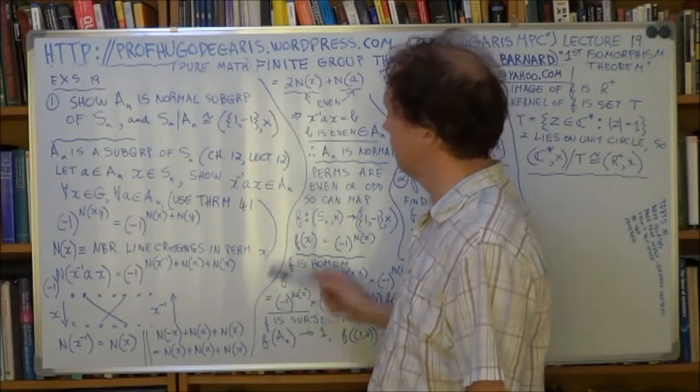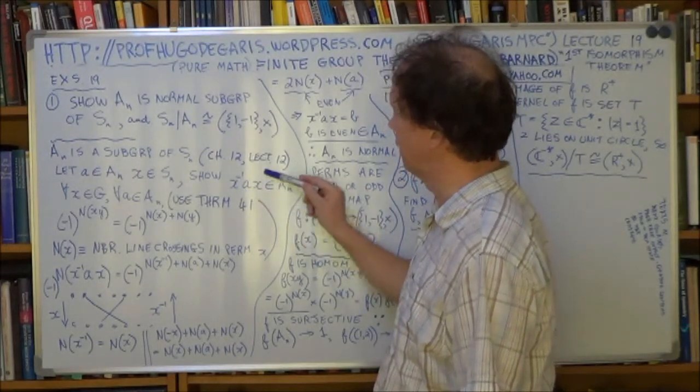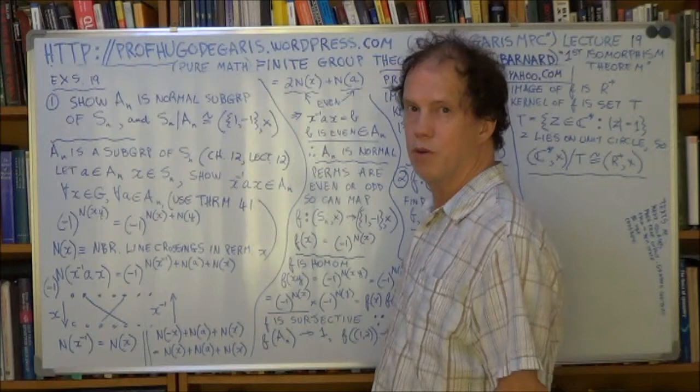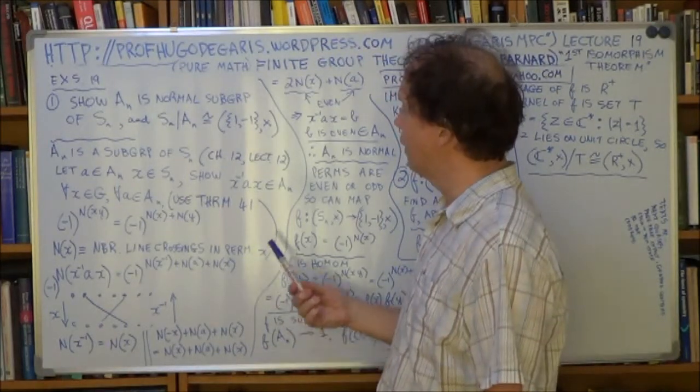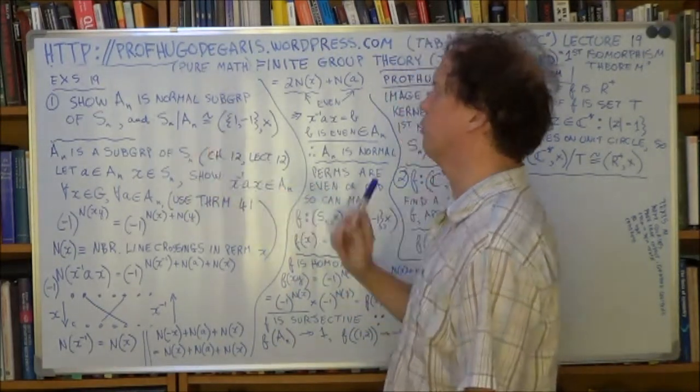If we can show that, that's the proof that A_n is a normal subgroup.